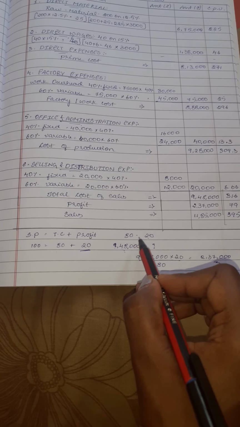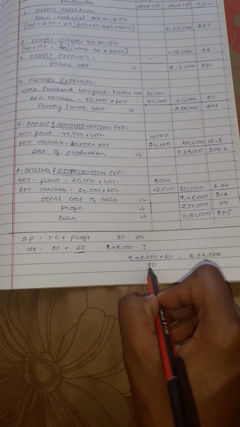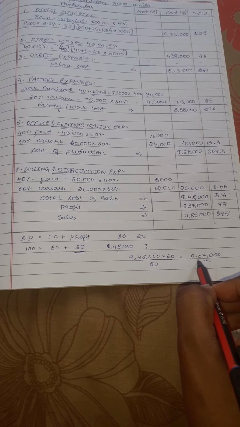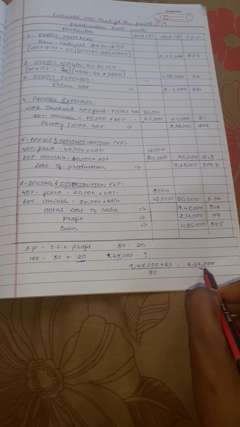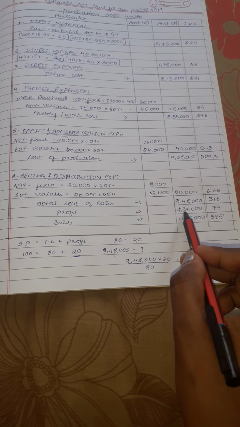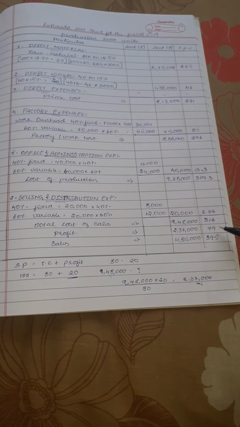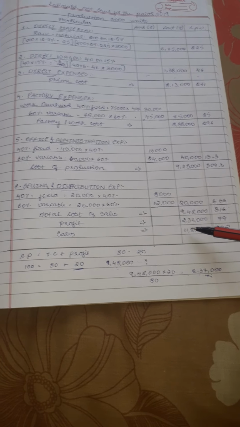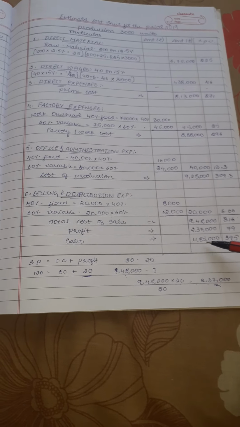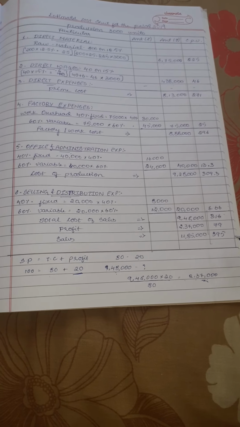We cross multiply: 9,48,000 into 20 divided by 80 gives us 2,37,000 as profit for the estimated year, that is 2019. So 2,37,000 divided by 3,000 units gives 79 as the profit per unit. By adding total cost of sales and profit, the sales will be 11,85,000. This 11,85,000 divided by 3,000 gives us 395.